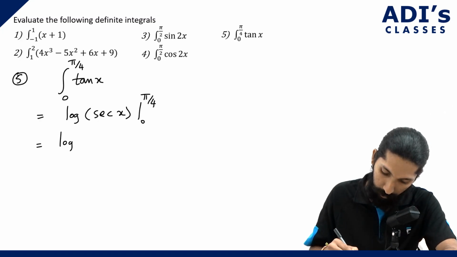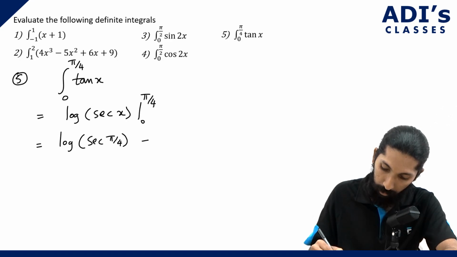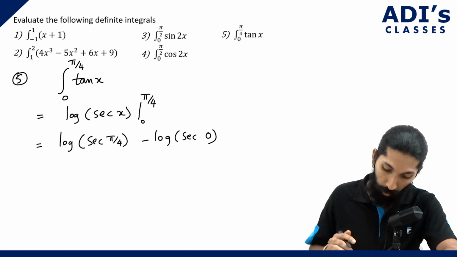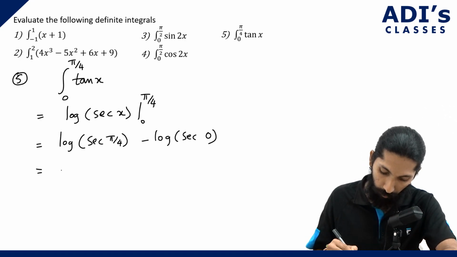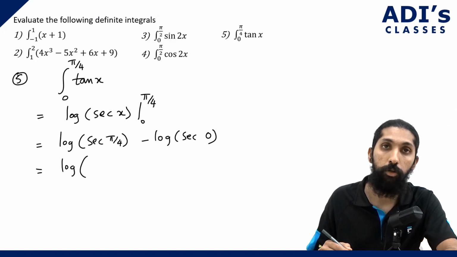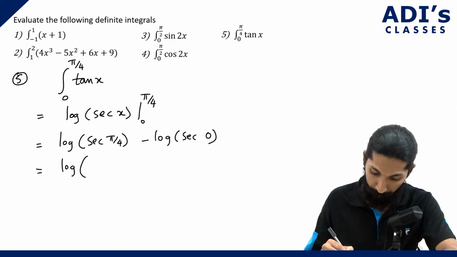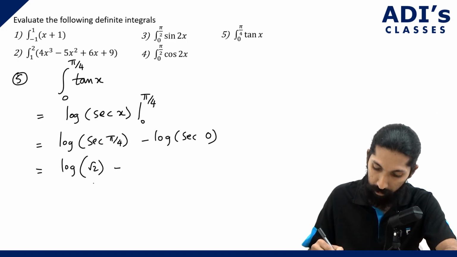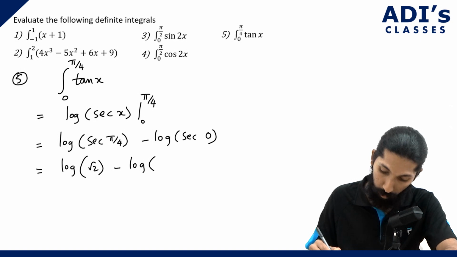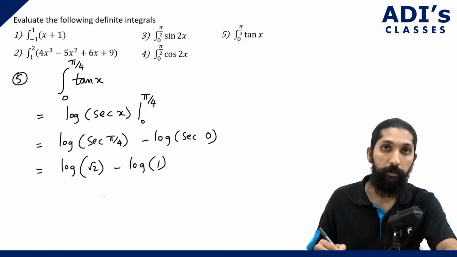Log of secant pi by 4 minus log of secant 0, right? Now, log of secant pi by 4, which is nothing but root of 2, minus log of secant 0, which is 1, right?